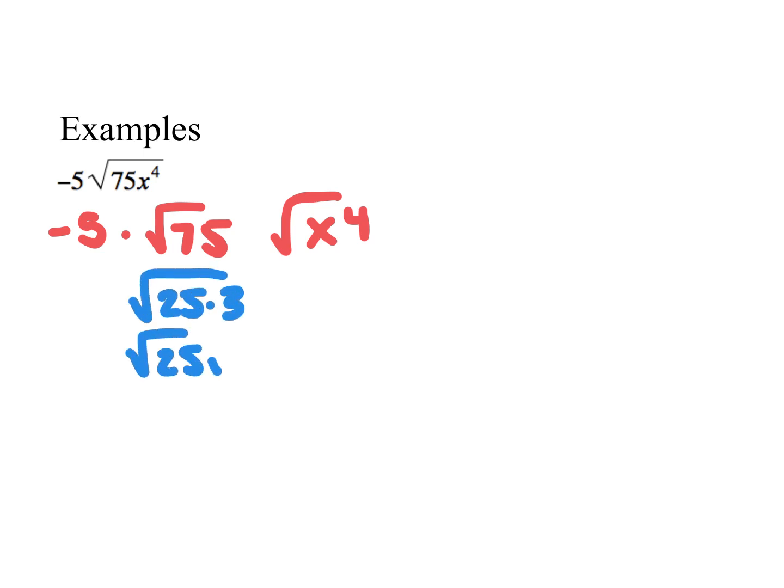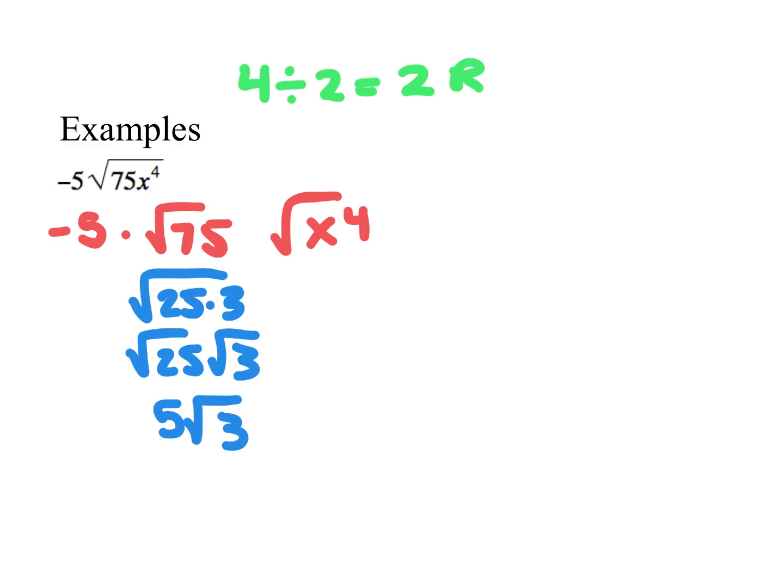So it's radical 25 times radical 3, which gives you 5 radical 3. For the variable, I can divide 4 by 2, which gives you 2, with a remainder of 0. So the square root of x to the 4th becomes just x squared. And then the negative 5 is just carried down as well.